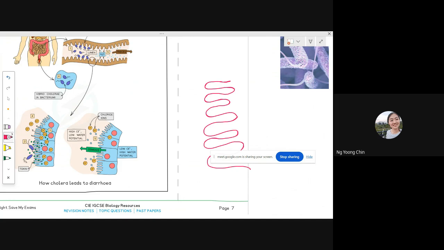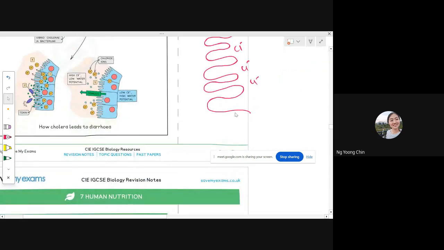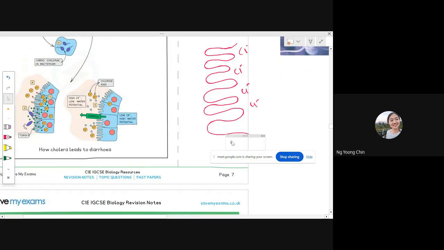And what happens is that the cells of the intestine villi actually contain a lot of chloride ions. This is in the normal way. They contain a lot of chloride ions, due to the high concentration of the chloride ions.